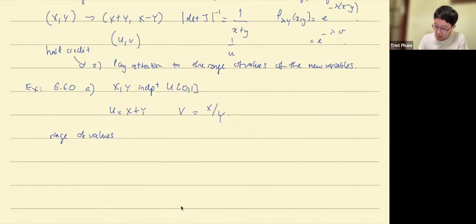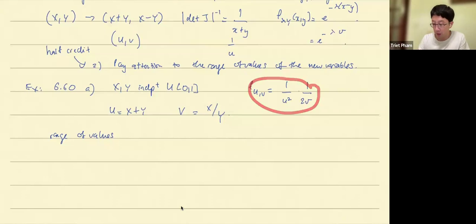we'll discuss it. But you might have something like this: f of u v is, let's say, 1 over u squared times 1 over 2v, which looks super cool because that seems like they're independent. And if you only have this, you might as well say U and V are independent. But until you look at the range of values, and if you find it out correctly, you might have something like this.